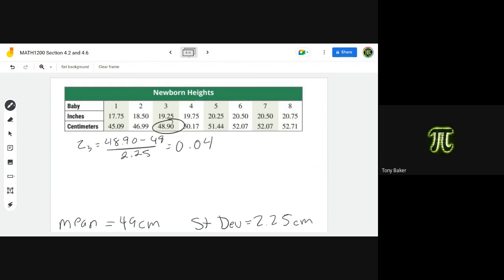What does the 0.04 mean? So this baby is basically right in the middle. Oh, you're right. It is. The baby's right in the middle, right?